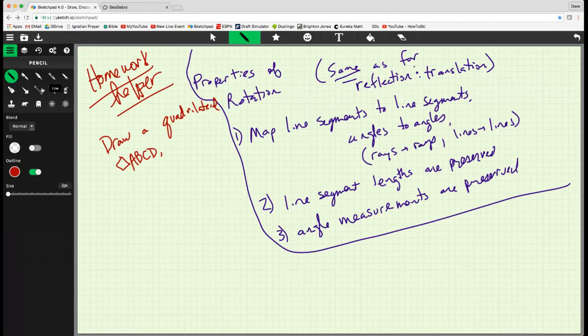I'll help you get started here. And so we'll label this A, B, C, D. And it doesn't have to be exactly like this, but maybe make it something like this. And then make a point O that's below it.